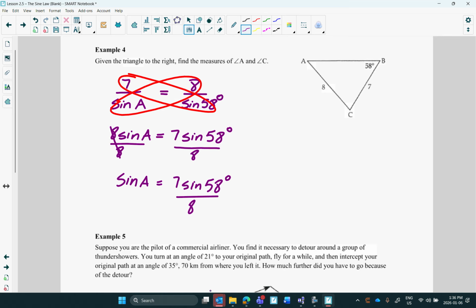I'm almost there. How do I find the missing angle? How do I get rid of just sine? Inverse. Sine inverse cancels out sine, which means you have to do the sine inverse of this side.